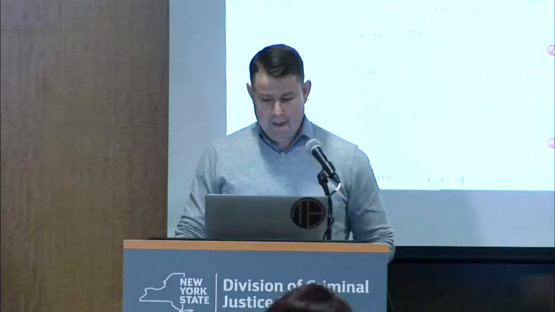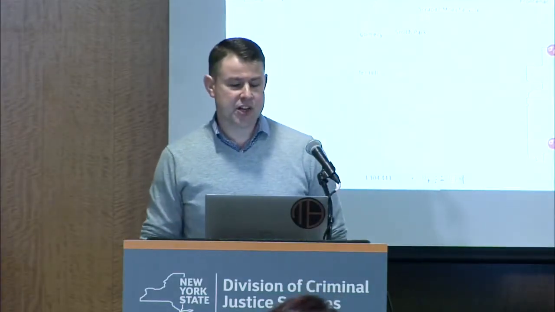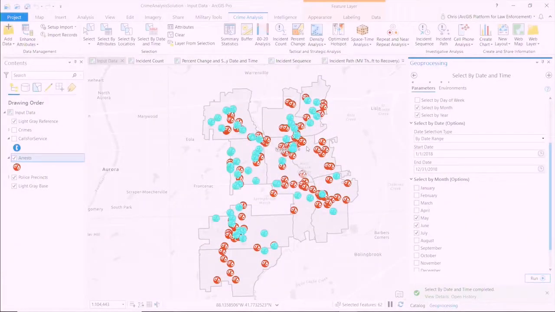I'll run that. And when it makes the selection, I want to highlight one new capability that's pretty handy about ArcGIS Pro that's unique compared to ArcMap. So my selection is here, where I selected May, June, and July. And you'll notice because I've got the arrest layer selected in my table of contents, in the selection set of the crime analysis toolbar, you'll see a new tool that turned on called Layer from Selection.